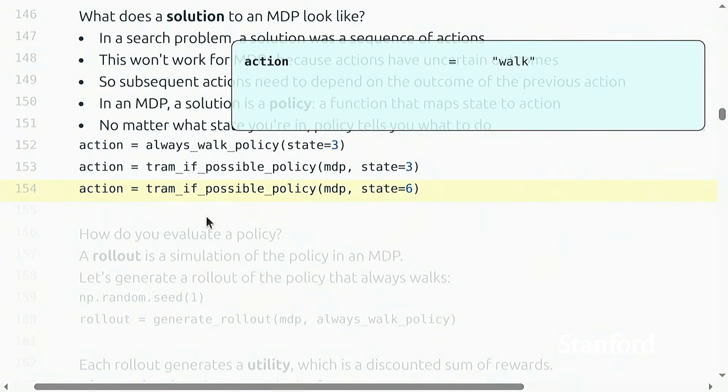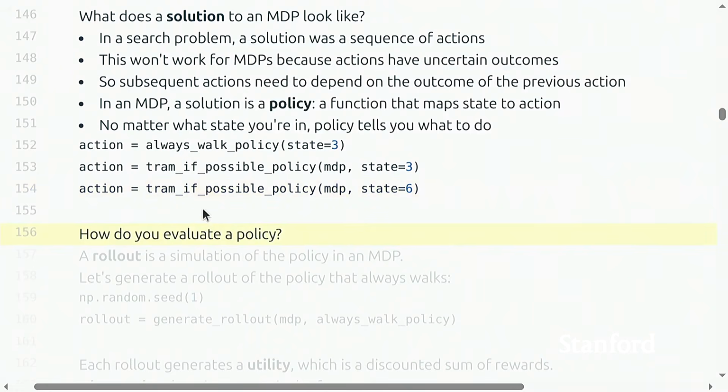Okay, so now you know what a policy looks like. How do you evaluate a policy? How do I know if it's any good or not? A rollout is a simulation of a policy in an MDP, which means pick up your policy and go at it on the MDP, and that gives you a sequence of steps, and then we can see what happens.